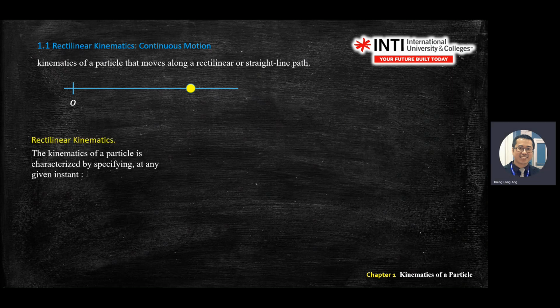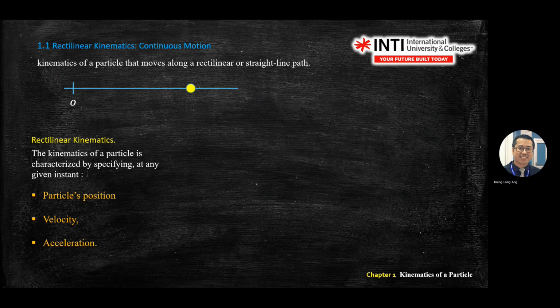For the kinematics of rectilinear particles, you need to focus on these three things: position, velocity, and acceleration. These are the three important equations for chapter 1.